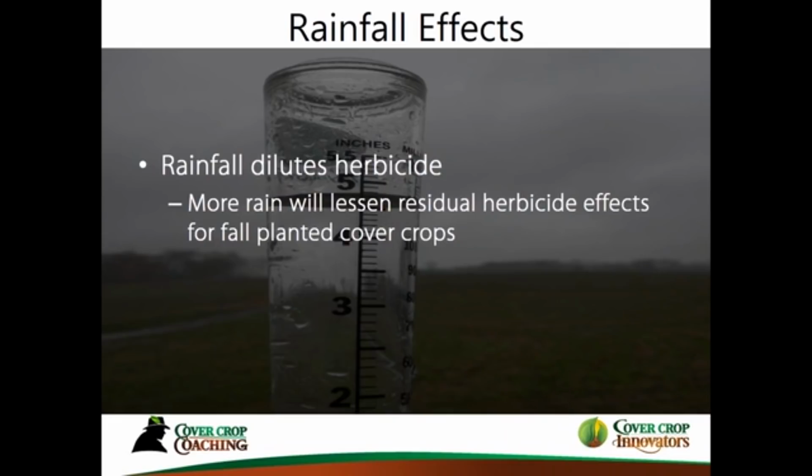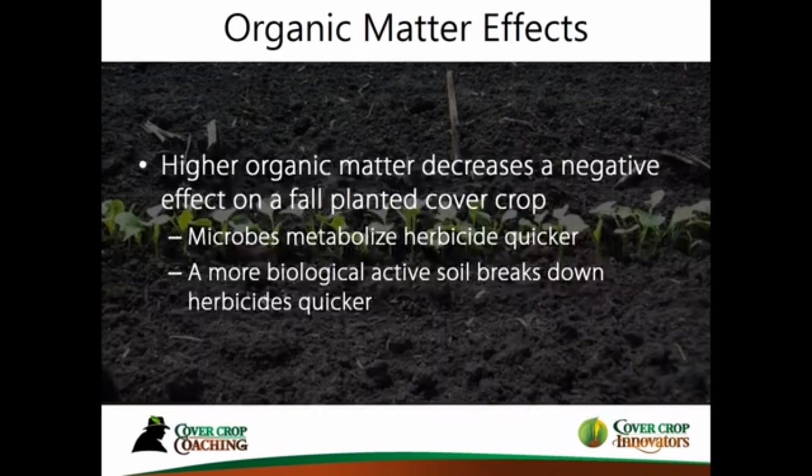It's just something to keep in mind in the whole context of this topic. And then I had to mention organic matter, because organic matter affects especially residual herbicides. If you look at almost any label, there's a chart in there that sometimes will give you different rates depending on the organic matter that you happen to have in your fields.